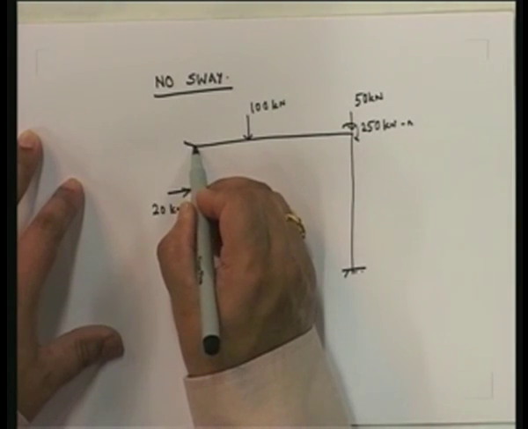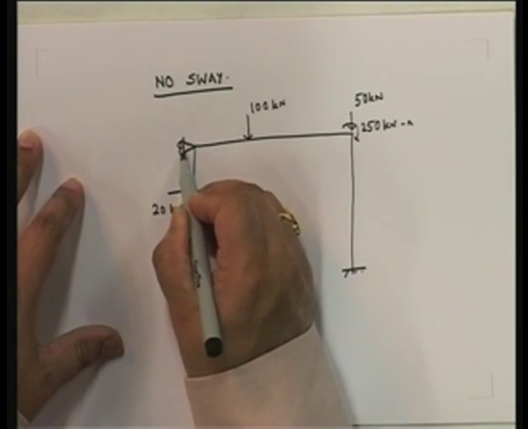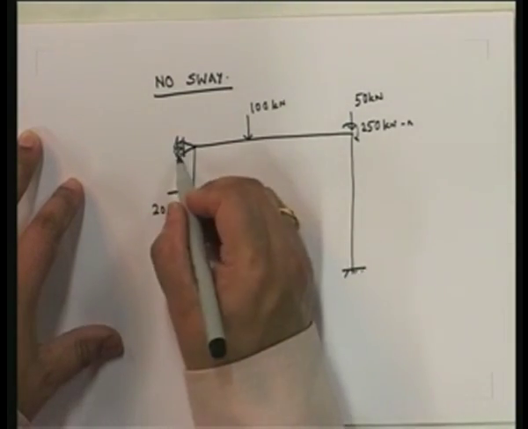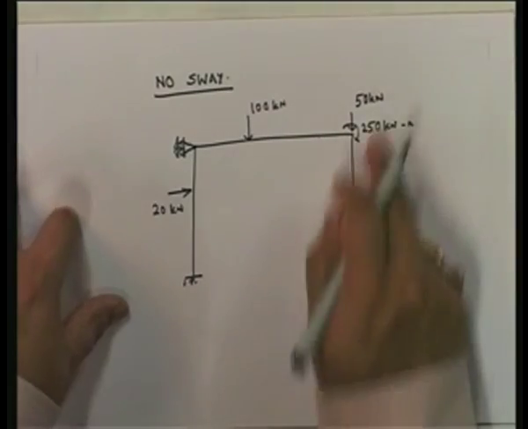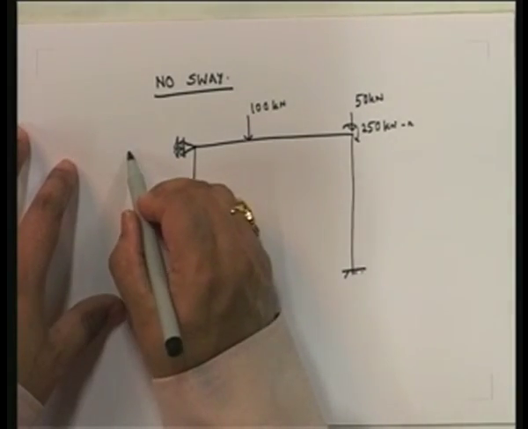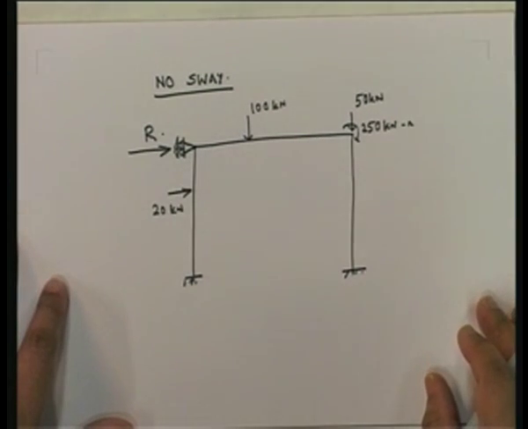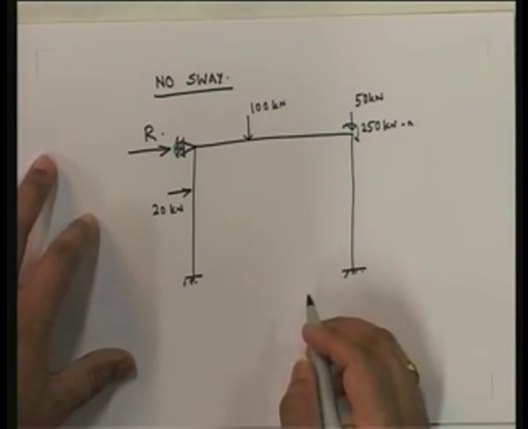And to stop the sway, I put a support here so that this does not allow this. And essentially, we solve the entire problem to find out this R.